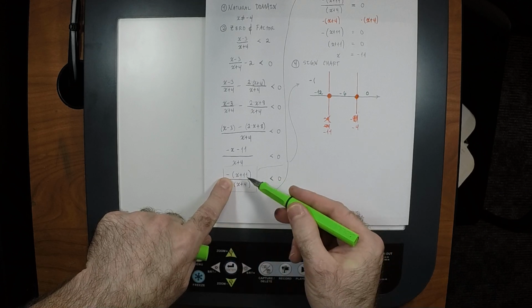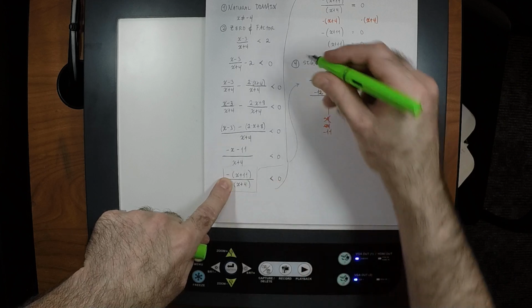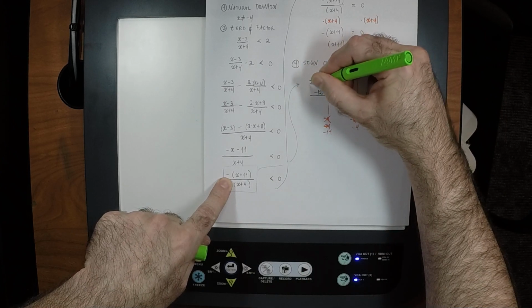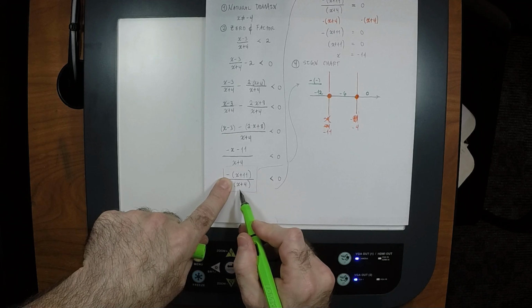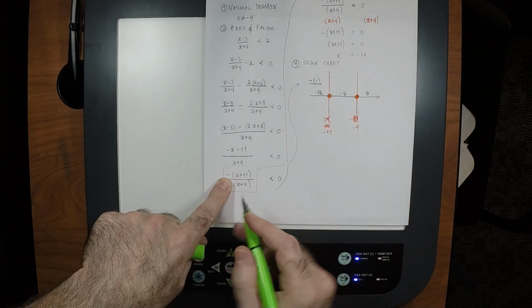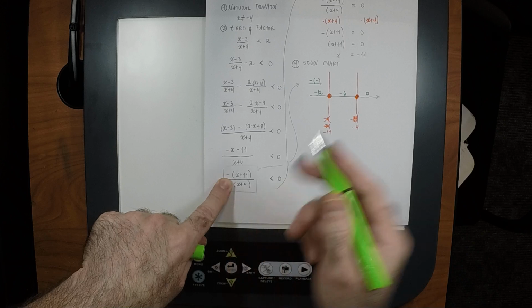It'll be negative, right? And then if we plug negative 12 into that factor, what will the result be, negative or positive? It'll be negative, right? Negative 12 plus 4 is something negative.